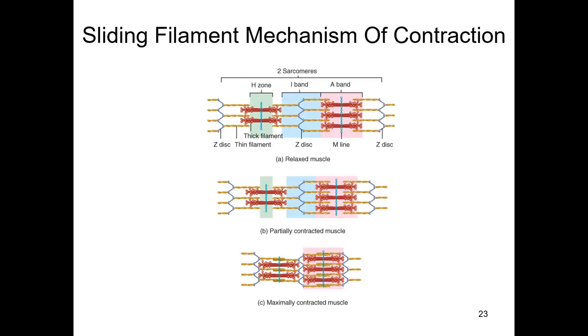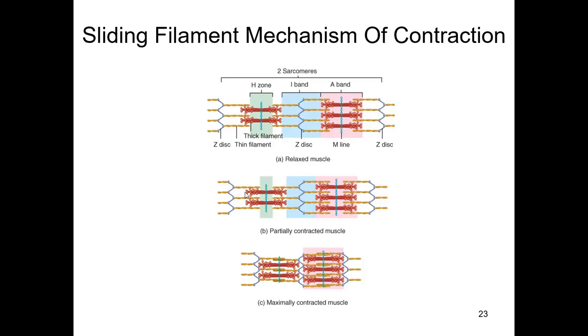So here is the sliding filament model coming out from the arrangement of the thick and thin filaments. Here's the static version, and I'm going to show you an animation that you saw in the lab in a minute. So here is the relaxed muscle. Thick filaments and thin filaments overlap, and you can see the myosin head groups grabbing onto the thin filaments.